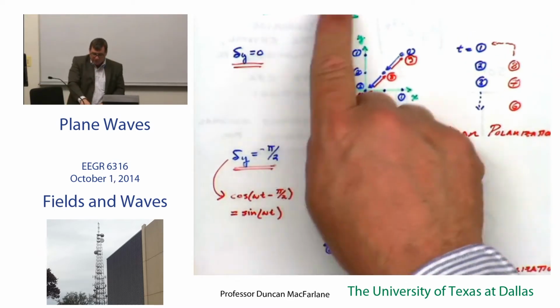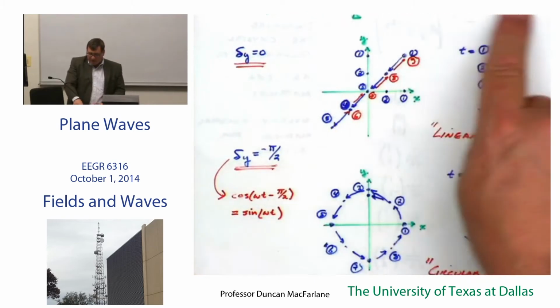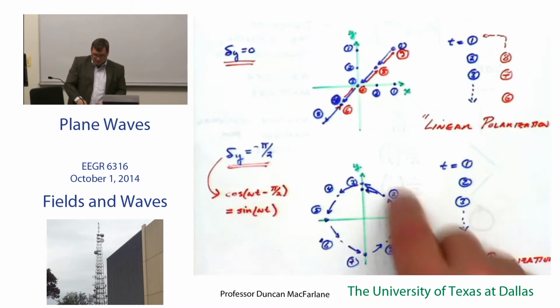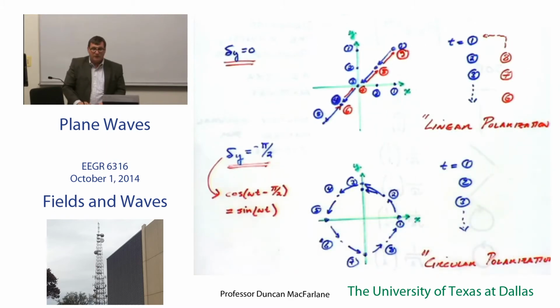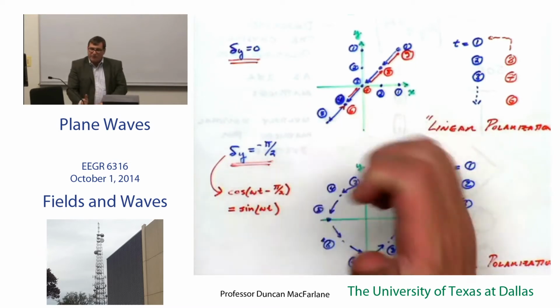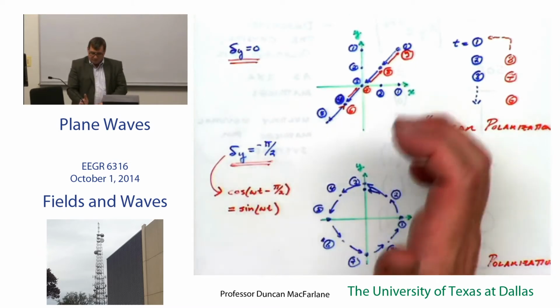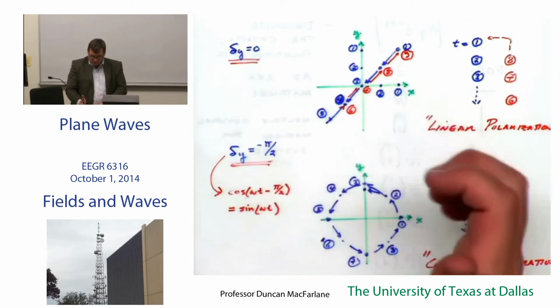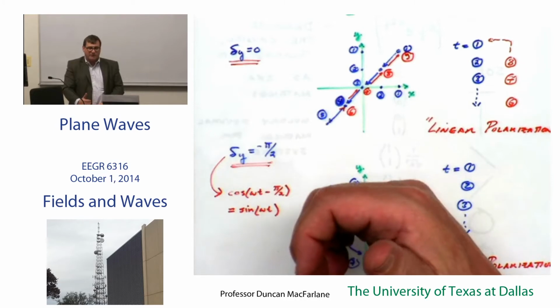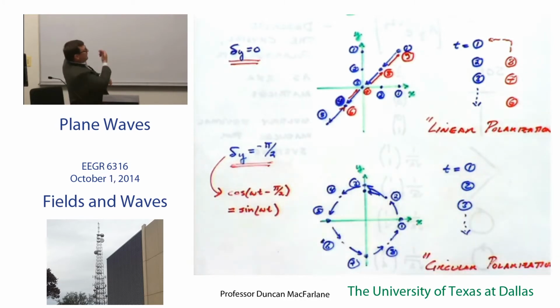So if these amplitudes are exactly the same, and these guys are completely out of phase, 90 degrees out of phase, I'm going to get this circle. Okay? Notice that this is x, y, points up. So that looks like it's counterclockwise, right? Oh, but if I'm looking at it as a detector, it's counterclockwise. If I'm looking at it as a transmitter, it's clockwise.